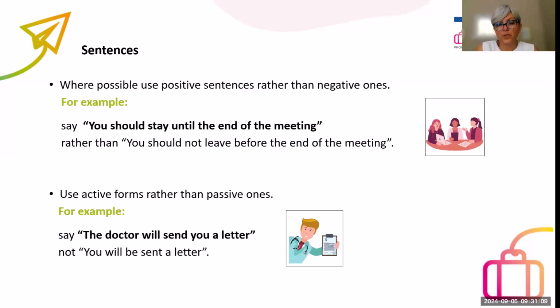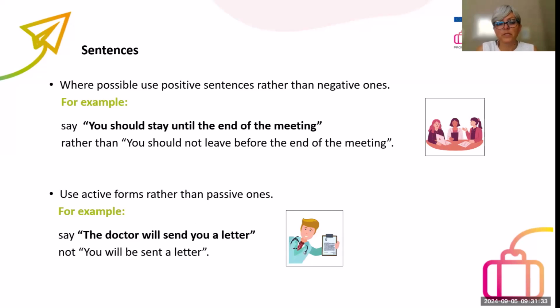It is also important to avoid negative sentences and use positive ones instead. So it's better to say you should stay until the end of the meeting, than you should not leave before the end of the meeting. It is also helpful and important to use active rather than passive forms.